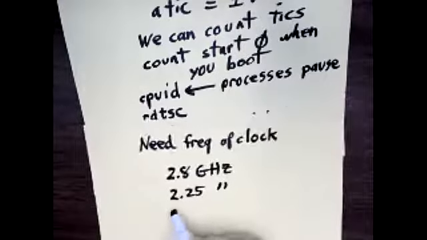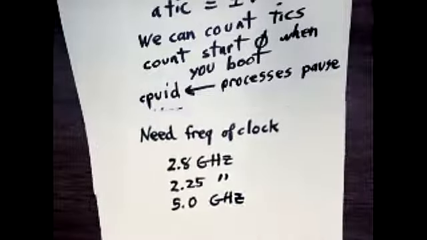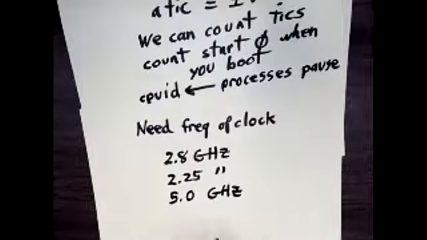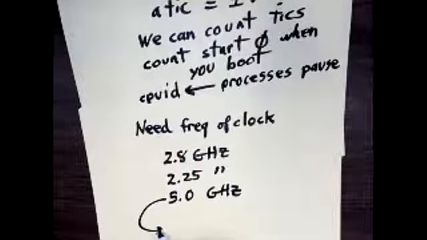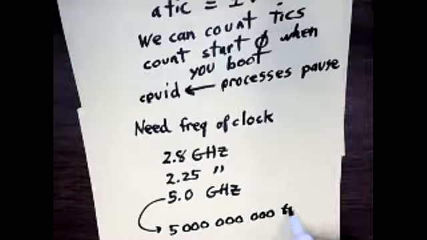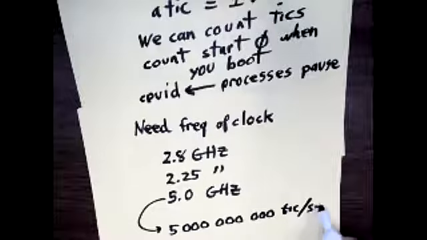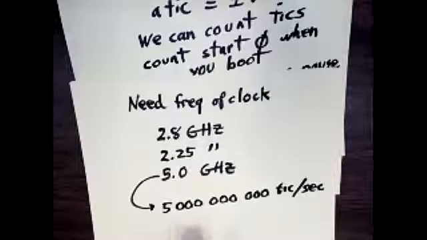An overclocked computer would be 5.0 gigahertz. And all those numbers mean, when we say it that way, 5 billion ticks per second.